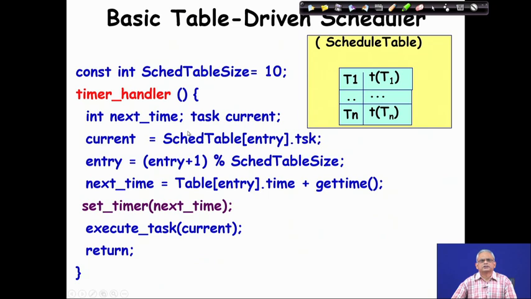So, here in the basic table driven scheduler, we have the different tasks and their maximum run time, and then we have a periodic interrupt from a timer, and as the timer interrupt comes, the timer handler routine is invoked. The timer handler routine keeps track of which task is running now, and that is given by the entry.